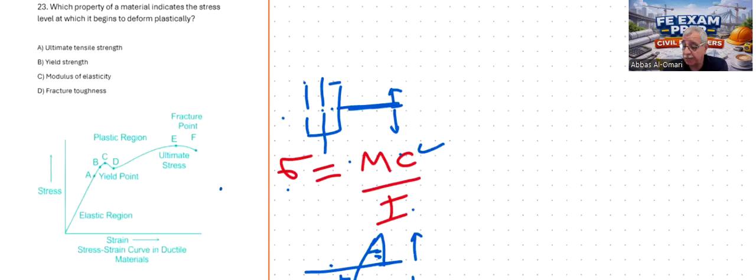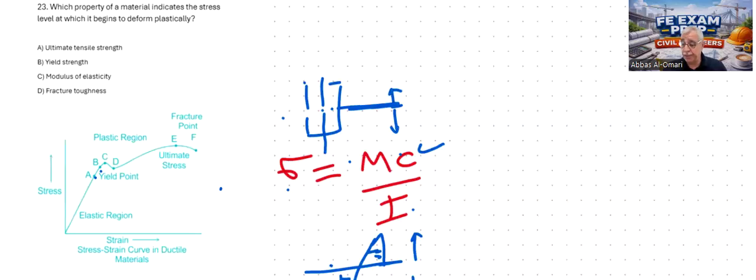Now, A is the elastic deformation. Elastic deformation means that when the load is removed, there isn't going to be any residual strain. The object will go back to its original shape.